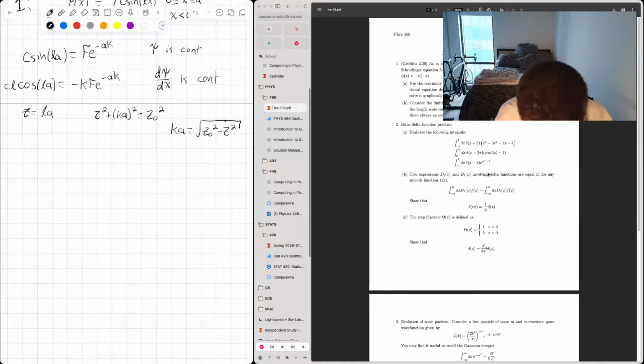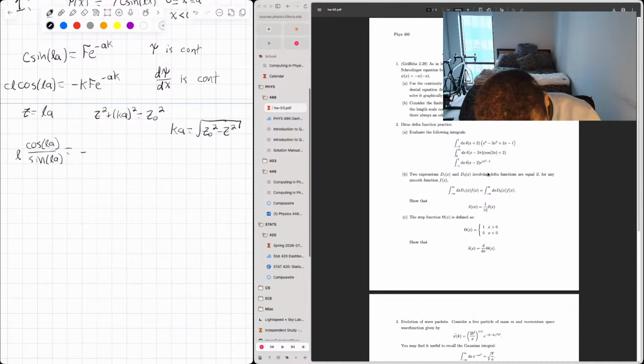Right? Dividing both sides of the equation, we just get L cosine LA by sine LA equals minus K. Okay, and so we have to plug in Z and the L. That's what my problem was. So L is Z by A. So we have Z by A cotan Z equals minus K.